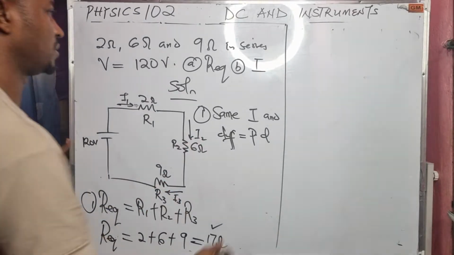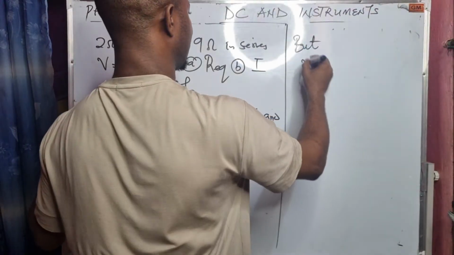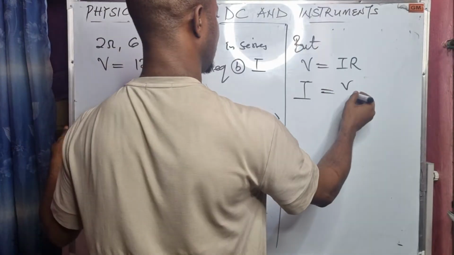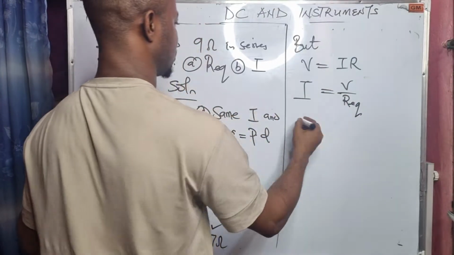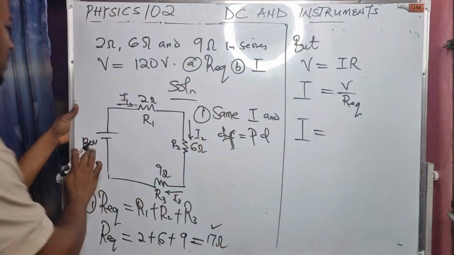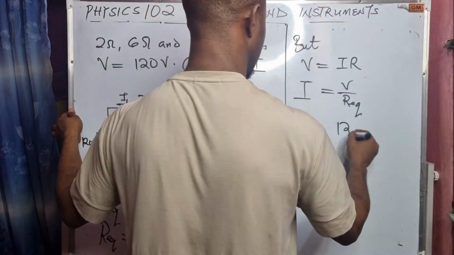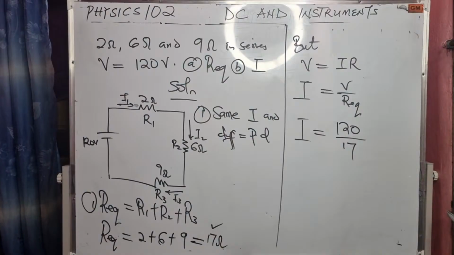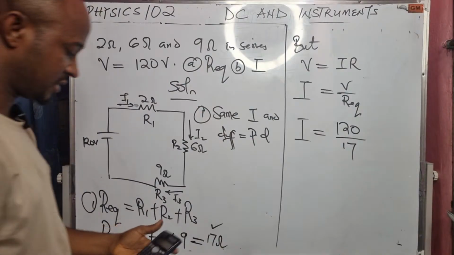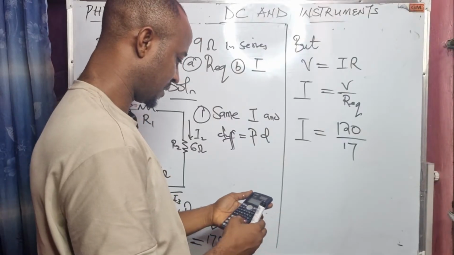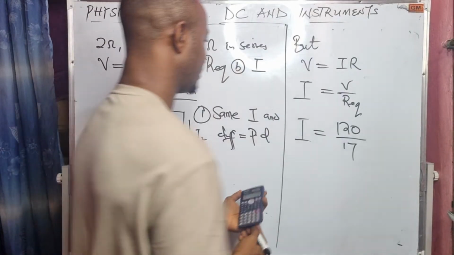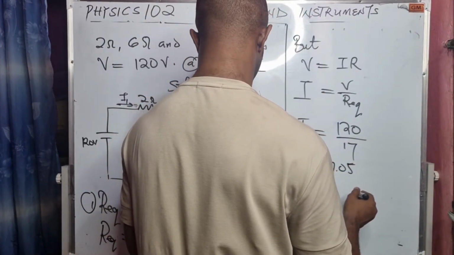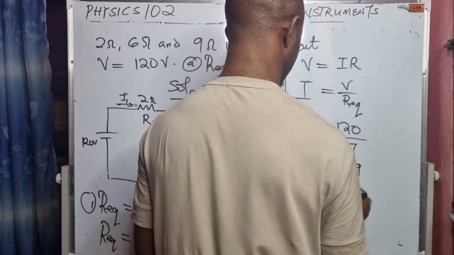But recall that V equals IR. From here, we can get our current as V over R equivalent. Our voltage is 120. 120 divided by 17 will give us about 7.059 ampere.